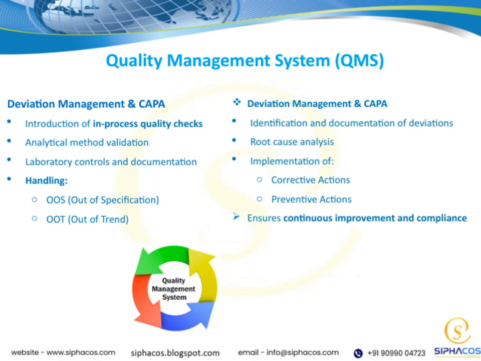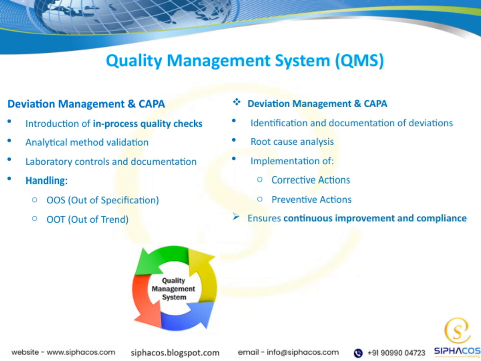We also emphasize analytical method validation, which ensures our testing methods are reliable and accurate. Laboratory controls and documentation are vital here. They provide traceability and accountability in all our testing processes. Finally, we handle specific issues such as out of specification, or OOS results, and out of trend, or OOT data.